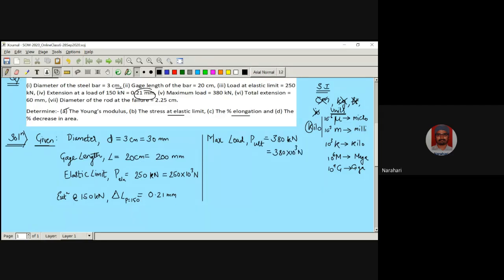Then what else is there? Total extension is delta L final, which is 60 mm. Diameter of the rod at the failure, so you can say final diameter.